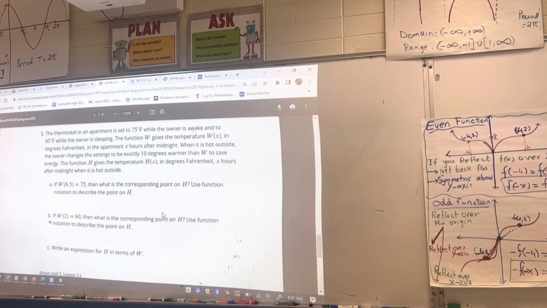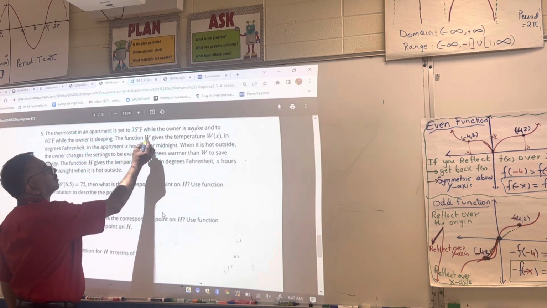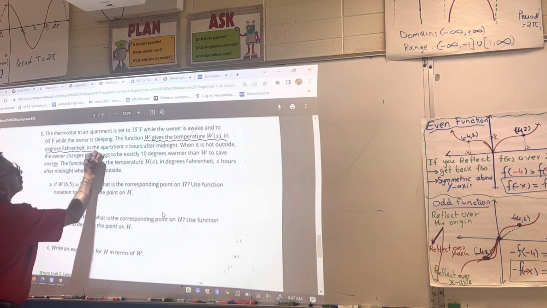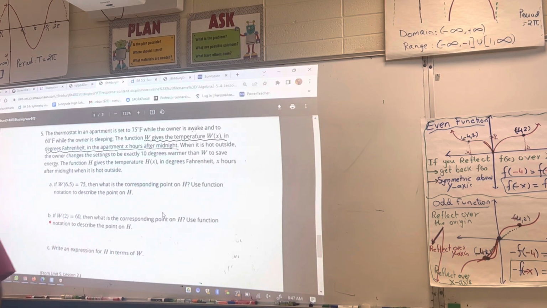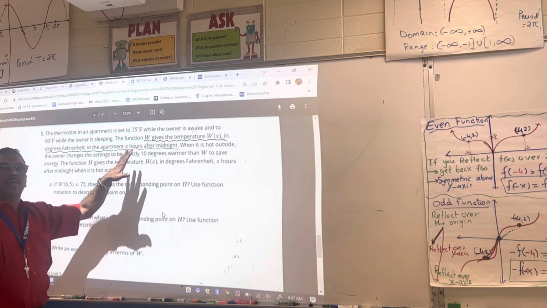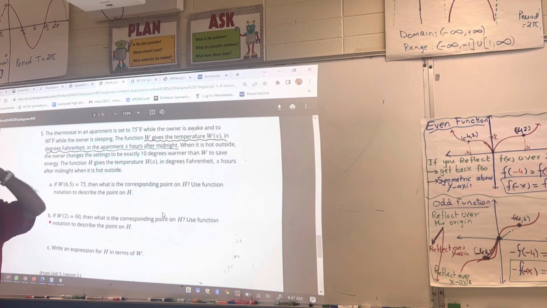I want you to underline this. Everybody underline this part. Can you underline this important thing? W(x) gives the temperature in degrees Fahrenheit in the apartment x hours after midnight.